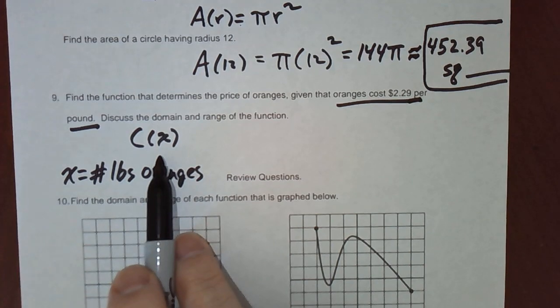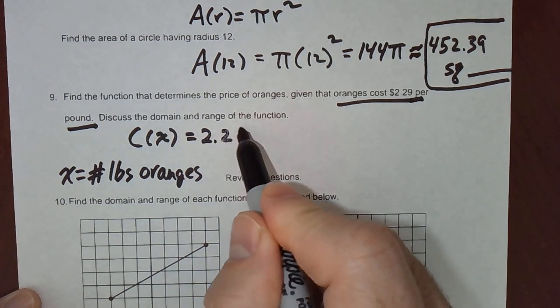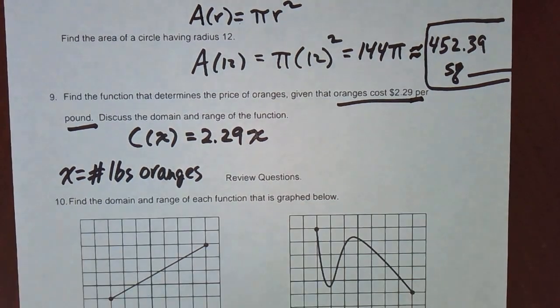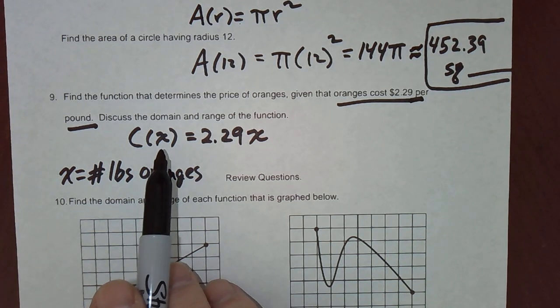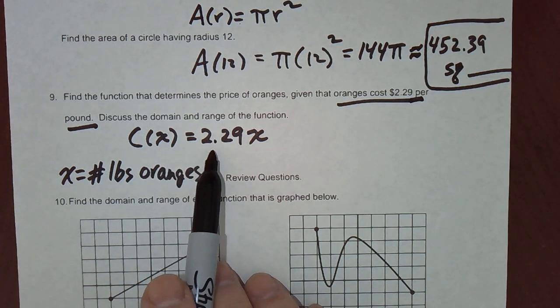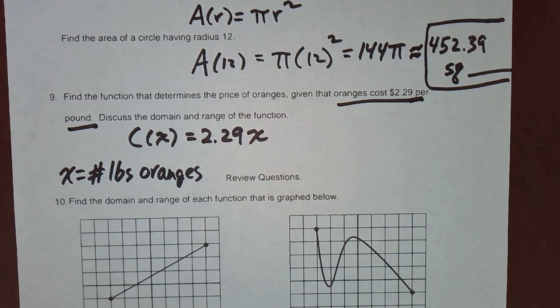Well, if x is the number of pounds of oranges, then the cost is going to be 2.29 times x. Simple as that. If you have 1 pound of oranges, that would mean x is a 1. The price would be $2.29 times 1, or $2.29.